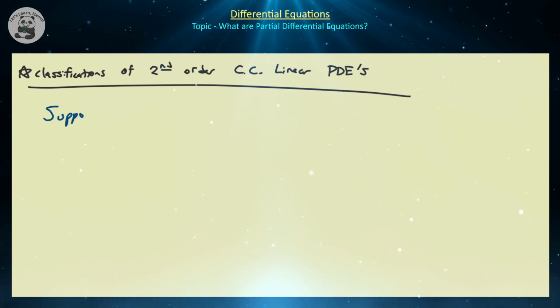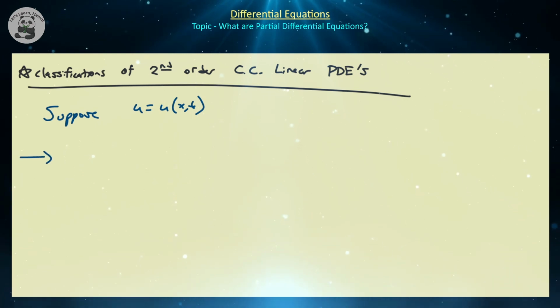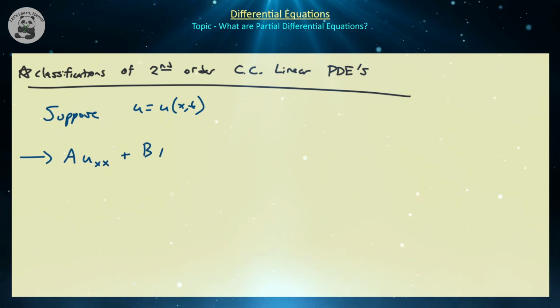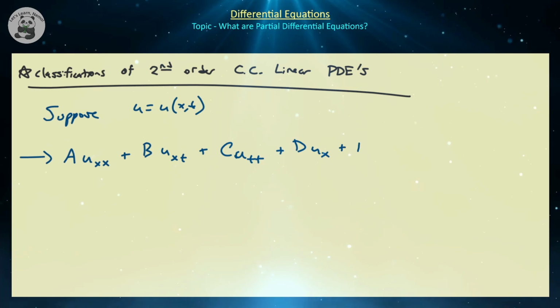So again, we assume that u is a function of x and t only. One can verify, at least by some process of elimination, or maybe from a conic section perspective, that every second order constant coefficient linear PDE can be represented in the form a uxx plus b uxt plus c utt plus d ux plus e ut plus f u equals g.